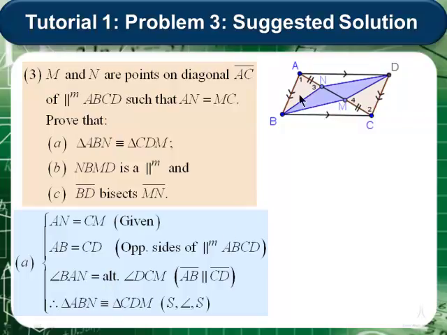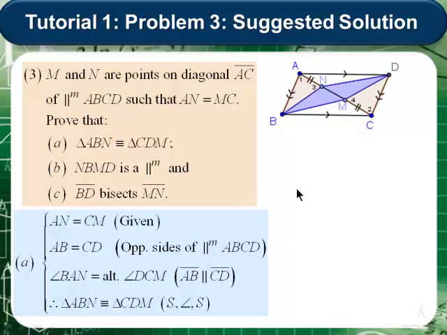Therefore, we've proved that two sides and an enclosed angle of the one triangle are equal to two sides and the enclosed angle of the second triangle, and therefore the two triangles are congruent, the reason being S angle S.